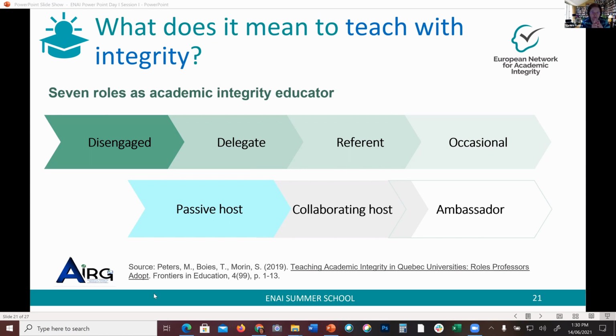Now, don't forget, you can still teach academic integrity, but in order to do it systematically, to say this is going to be part of my teaching, whether I'm teaching nursing, psychology, education, engineering, whatever, you have to have some type of teaching academic integrity in all classrooms.